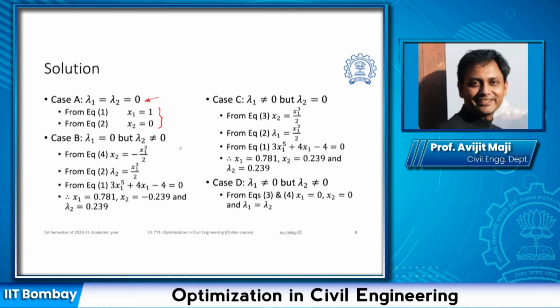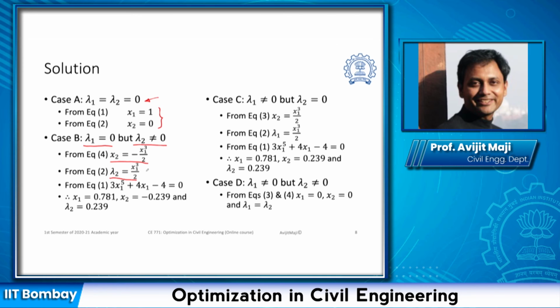Second, we look into the condition when one of the constraints, in this case the first constraint, has lambda equal to 0, which means it is inactive, but the second one is not equal to 0, which means the second one is an active constraint. Then we can use equation 4 to come up with the relationship between the two design variables, and then we use that value in equation 2 to find the value of my lambda 2.